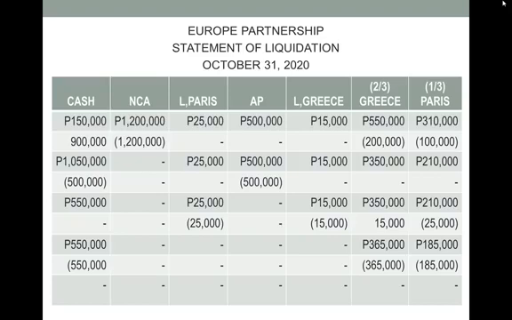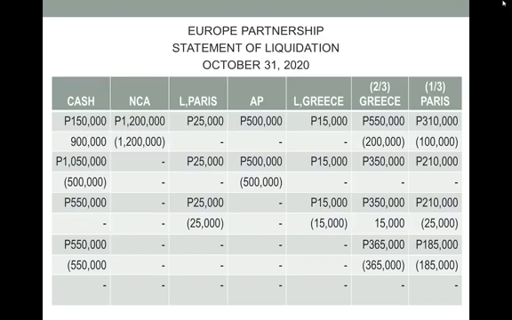And this time, payment to creditors: debit accounts payable, and credit cash. Then get the balance again. After payment of liabilities, the balances are: cash 550,000, loan from Paris 25,000, loan to Greece 15,000, and the capital balances of Greece and Paris of 350,000 and 210,000.